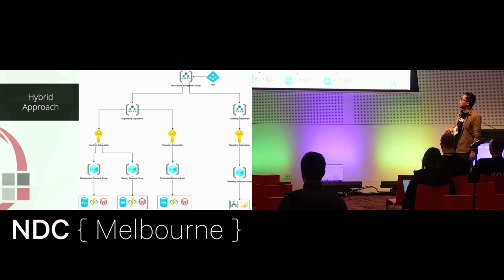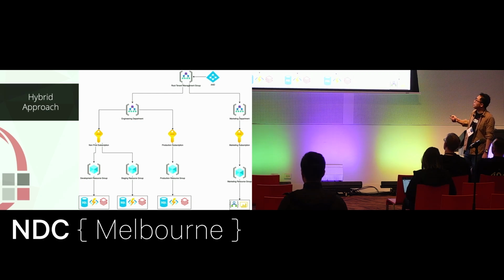Then we can have a sort of hybrid approach where we're slowly expanding our Azure setup. For example, we have different departments, and you can tell that the marketing department might have some resources like Logic Apps, Power BI. You only need one subscription really, because they just do some low-code stuff.